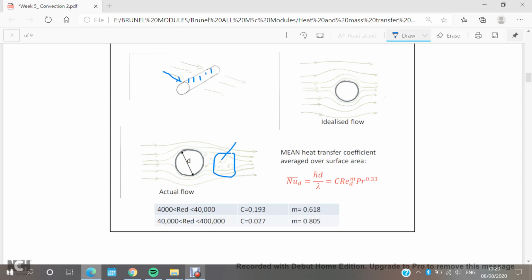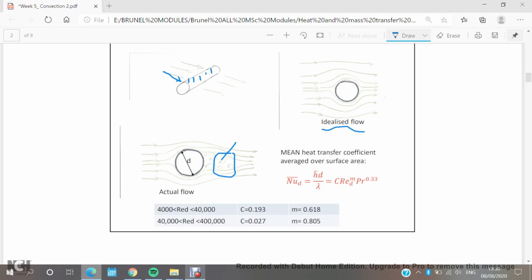But if we consider it an ideal flow, we will have very smooth streamlines, and this does not exist in real life. So how do we calculate the average heat transfer coefficient for this geometry, a single tube?